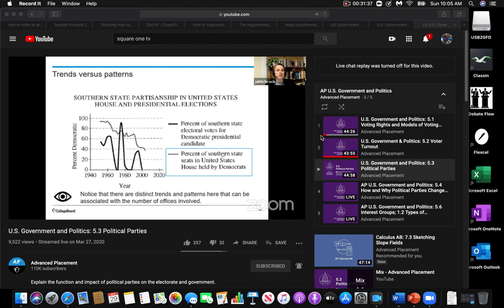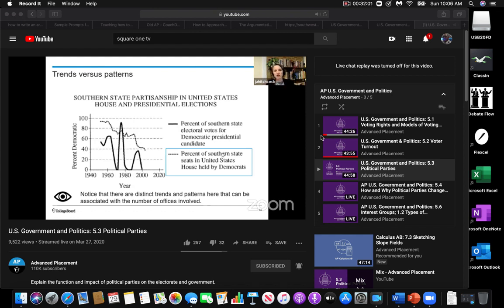So the first step I'm going to see here is that there's a distinct difference between trends and patterns that I need to associate with the number of offices involved, right? If I'm looking down at the bottom at the solid black bar, I notice that we're talking about electoral votes for Democratic presidential candidates. Remember how we talked about you have to really make sure you understand the y-axis? We're talking about percent Democratic.